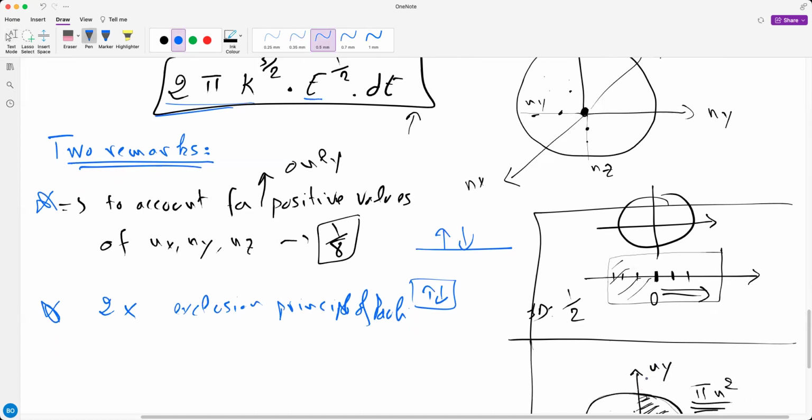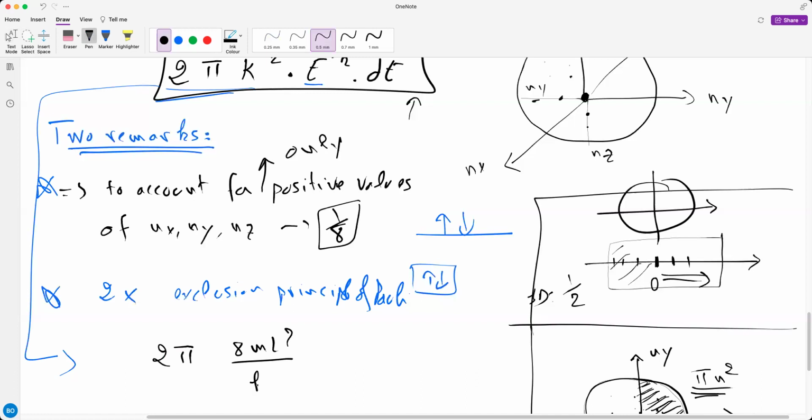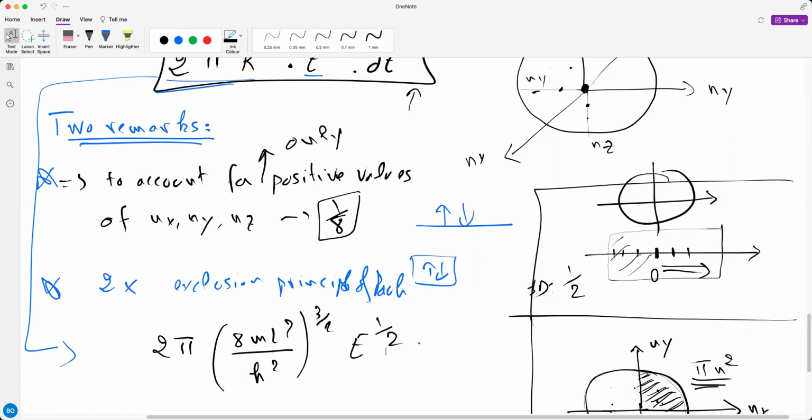So this quantity that I calculated here, 2 pi, I will replace k. K is 8ml squared over h squared to the power of 3/2, and then the energy to the power of 1/2.